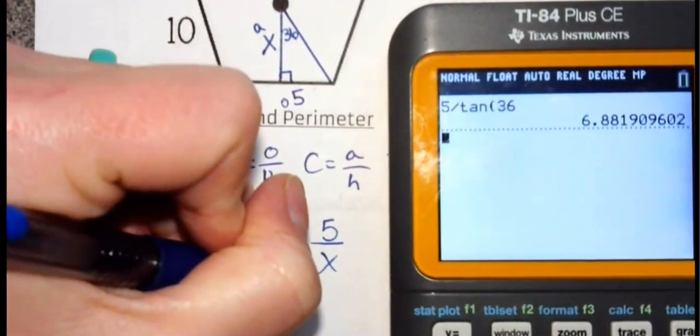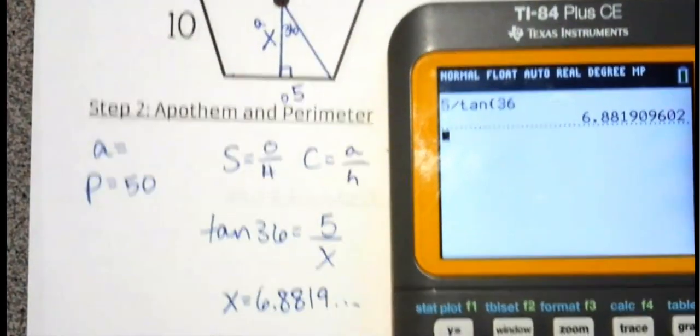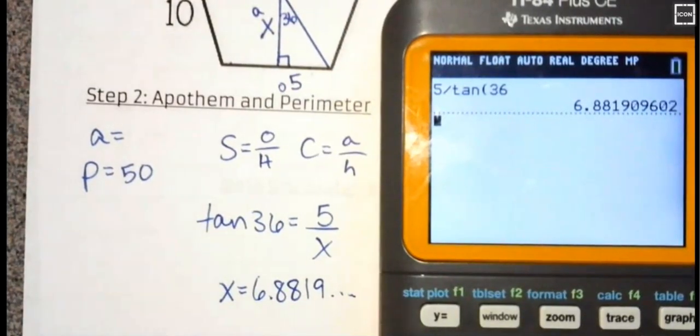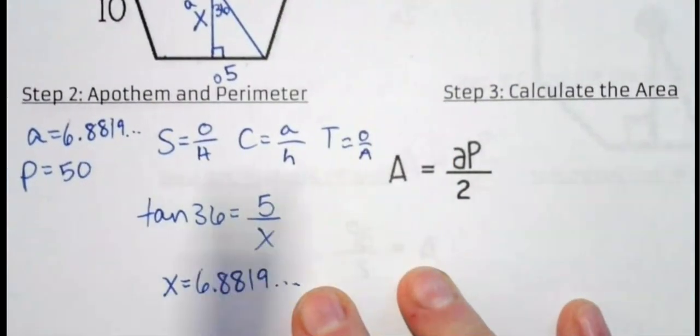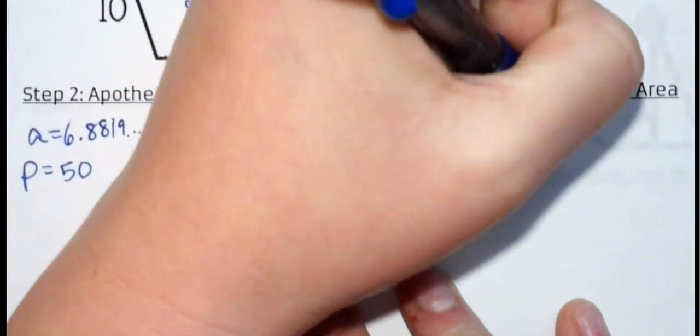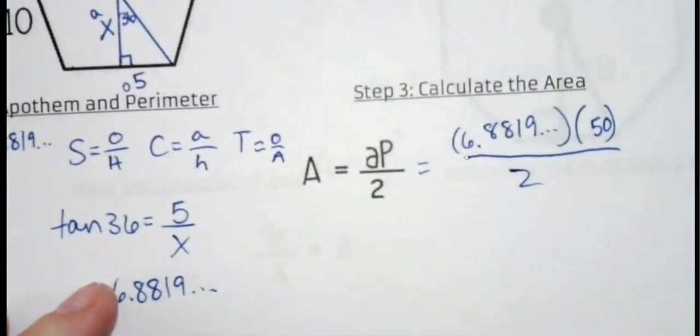We're going to talk about rounding. This is my apothem. That's my perimeter. I'm not going to round early. So my apothem is about 6.8819 and so on. And then 50 divided by 2. So how do I type that in my calculator?